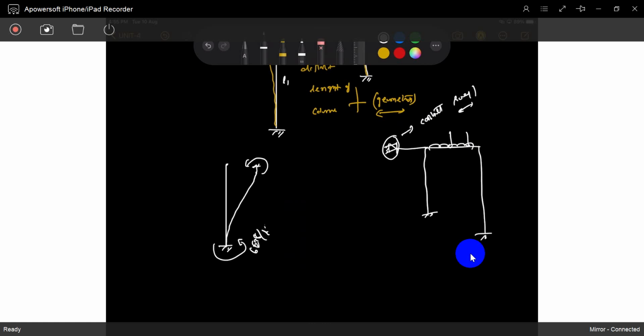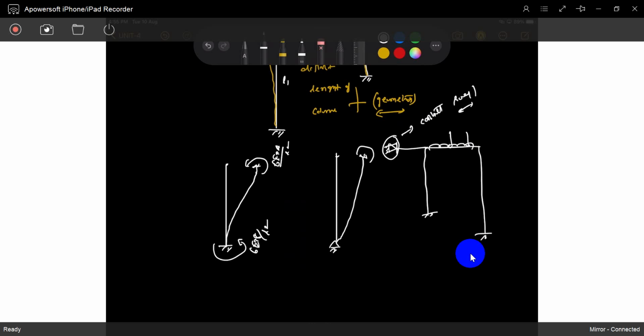6EIδ/L², 6EIδ/L². You know it. And if the support is hinged and this is a fixed joint, that is a rigid joint. Rigid joint behaves as a fixed joint, so it gives slope, but there is no slope here.